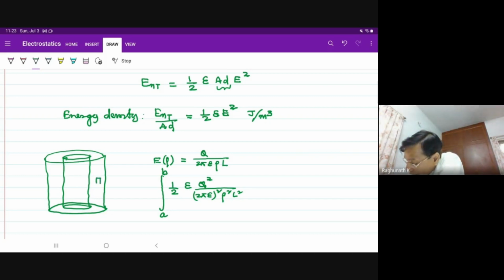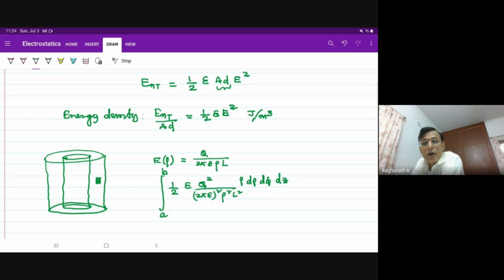What is differential volume in between these two? Rho d rho d phi dz.